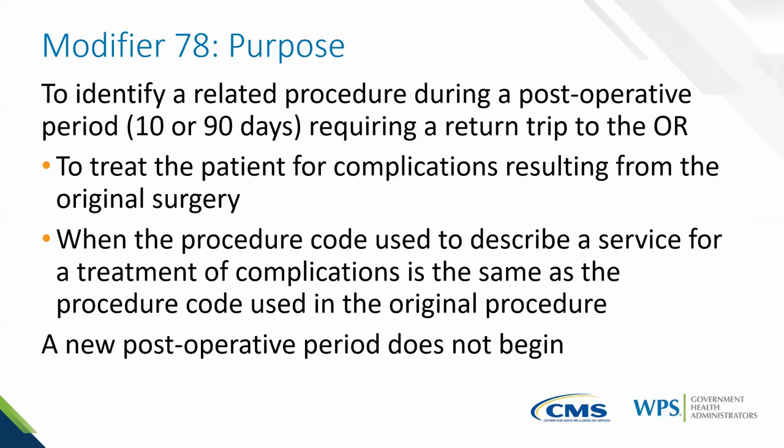So in the example that I gave, if you can fix that dehiscence of the suture line in the office, it's not a payable service because you did not have to go back to the operating room to treat that complication. And because you didn't, that's part of the global surgery reimbursement for that procedure code.